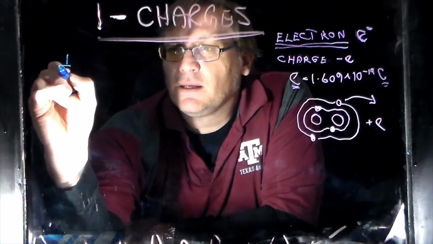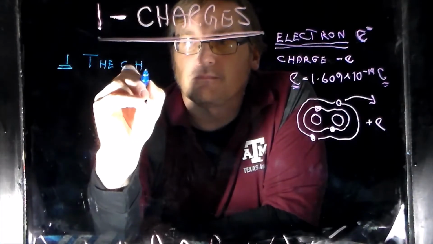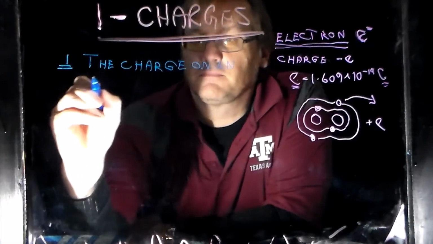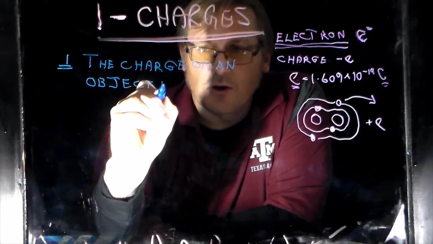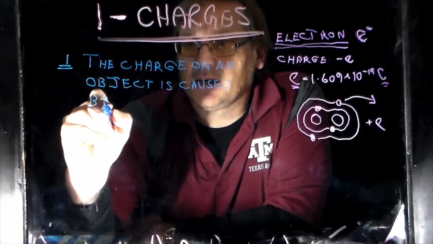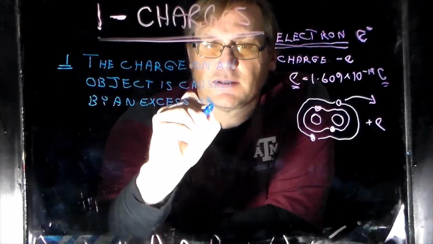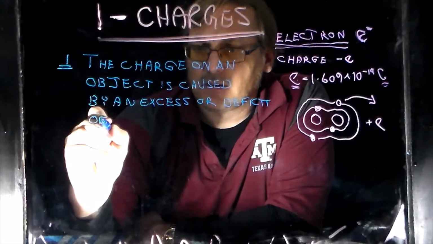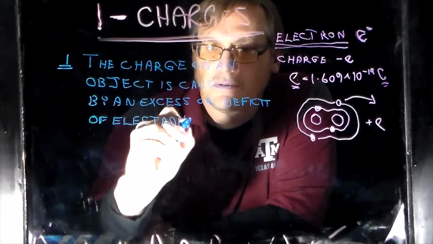So this is our first point, is that the charge on an object is caused by an excess or deficit of electrons possessed by the object.